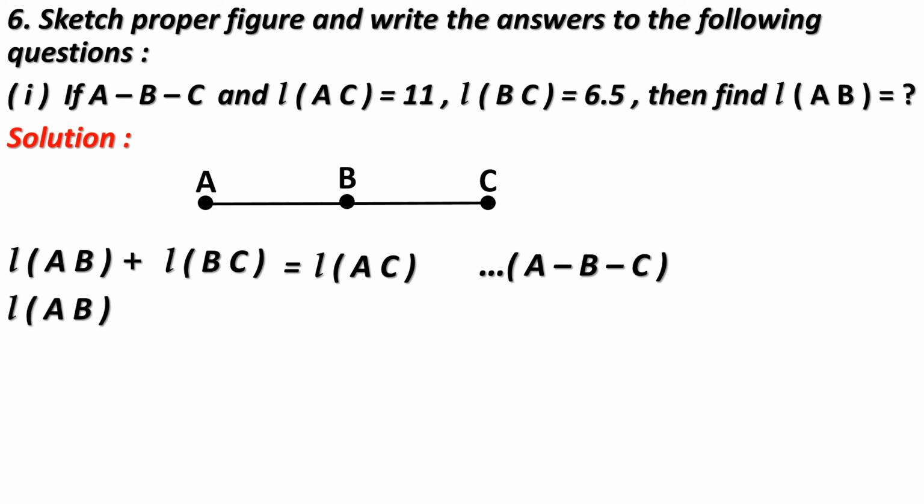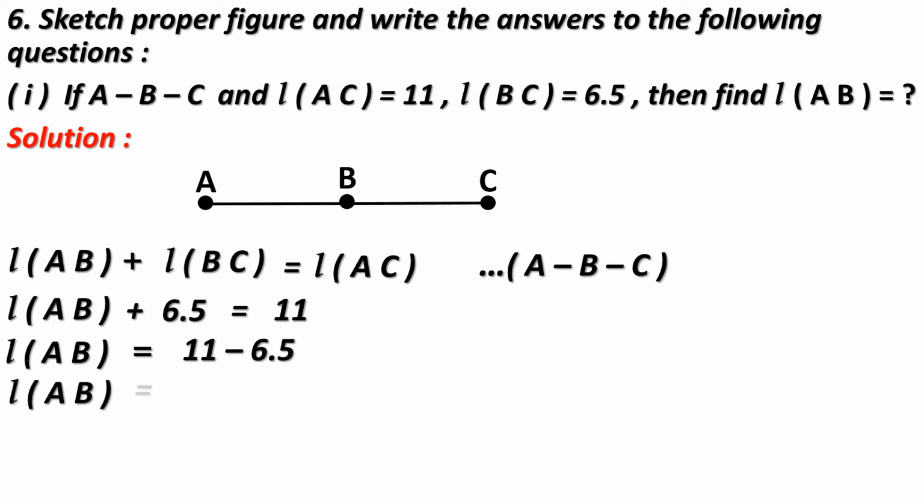So we will get length AB plus 6.5 equals 11. Now we will shift 6.5 to the other side of equal to, right? The sign of this number will change, since you are shifting 6.5 from the left hand side to the right hand side. So we will get length AB equals 11 minus 6.5. Length AB equals 4.5. So your length AB equals 4.5.